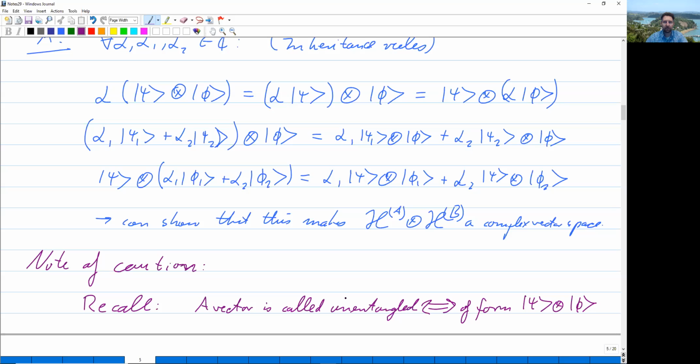That's when a vector is called unentangled. Otherwise, it is called entangled.